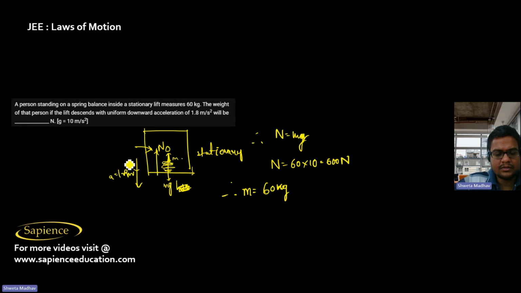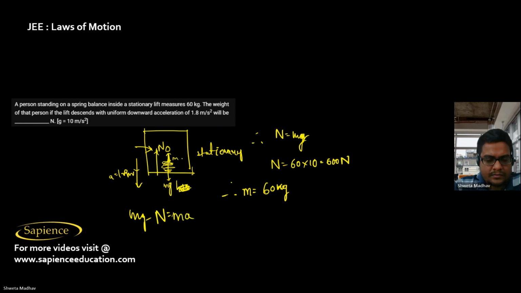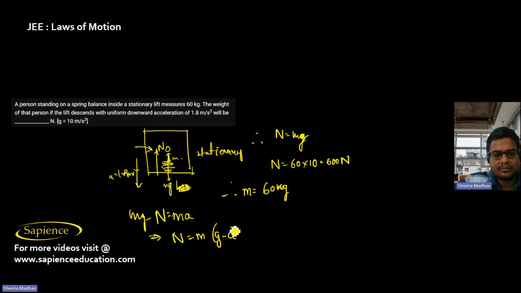So here you can say that mg minus N will be equal to mass into acceleration. Then the normal reaction will come as m into g minus a, which will be the apparent weight.